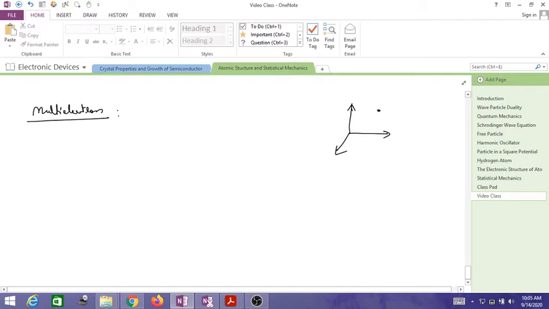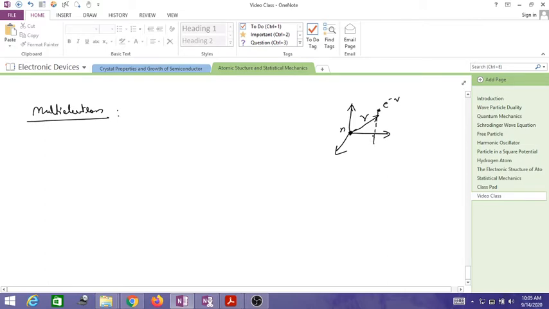If this is the electron here, and this is the nucleus, the positively charged nucleus, then we represent the distance between the nucleus and the electron with the distance r.